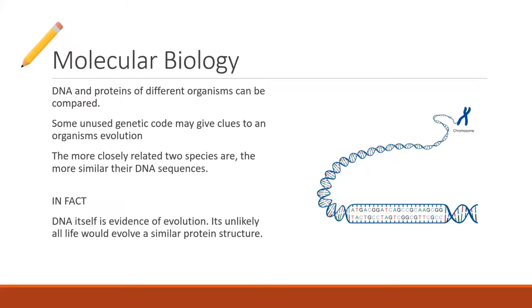There's also some unused genetic code. If you remember when I was talking about genes, I said a lot of the genetic code is not even used. We have a lot of junk DNA, and some of that DNA might even give you clues into our ancient evolutionary past.